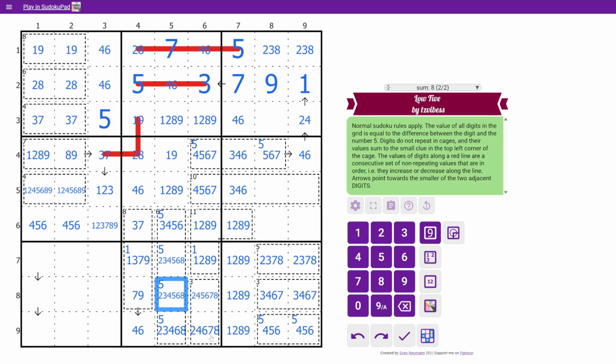The 3 value, okay, there has to be a 2 or an 8 down here. Here's the 3 value. Here is a 1 value.